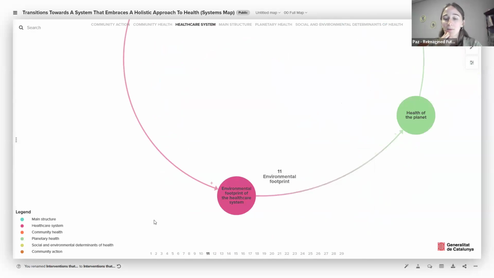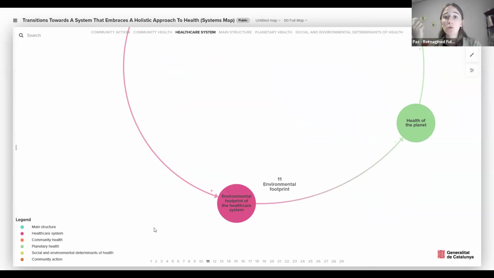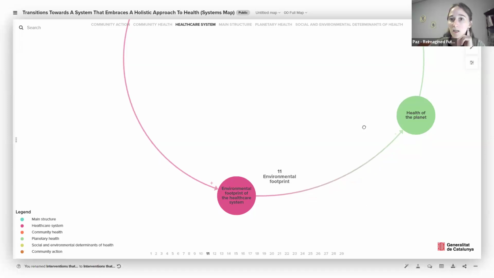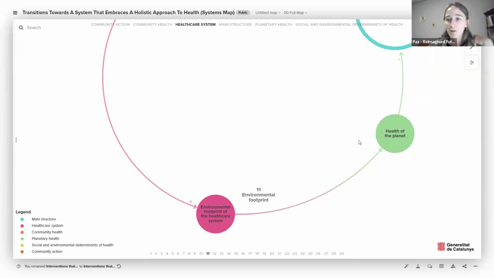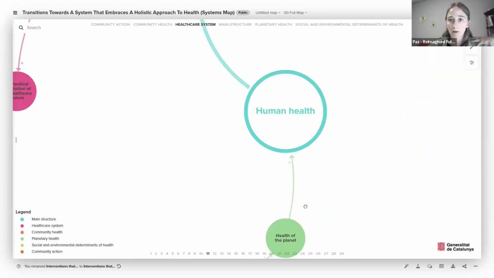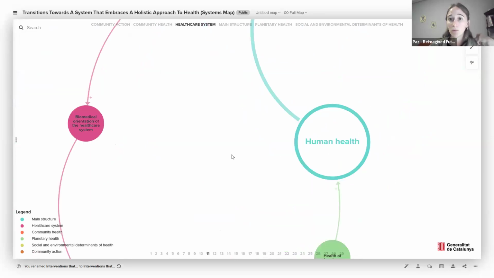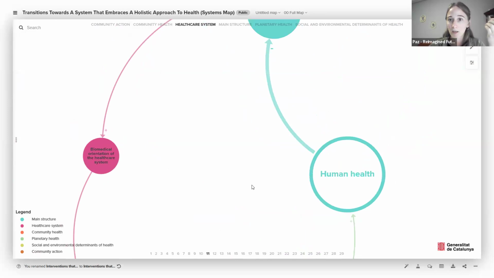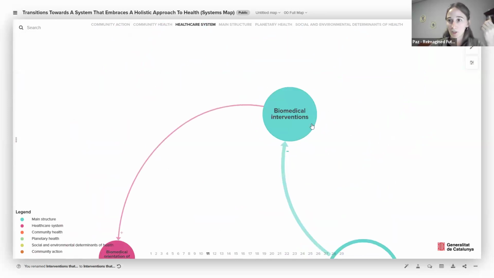Actually, if the healthcare system was a country, it would be the 5th largest emitter of greenhouse gases. So, of course, this environmental footprint increases the degradation of ecosystems, and this impacts in one way or another, directly or indirectly, human health, perpetuating, paradoxically, the need for biomedical interventions.